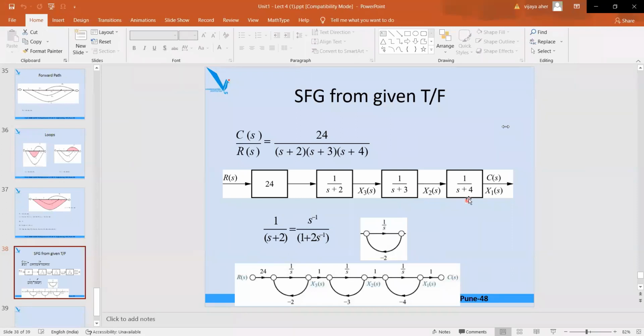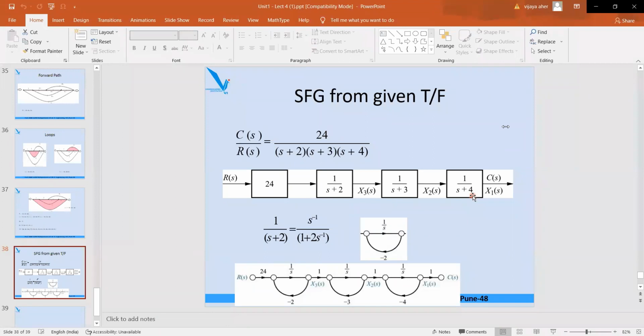Now, coming to the last process block. This process block has transfer function equal to 1 divided by s plus 4, right? So I am going to write this term: 1 divided by s plus 4 is equal to, students, you are supposed to write 1 divided by s plus 4 is equal to s raised to minus 1 divided by, in brackets, 1 plus 4 s raised to minus 1.